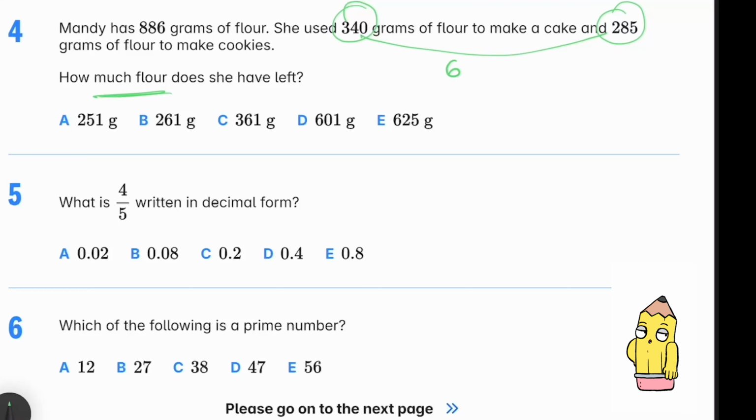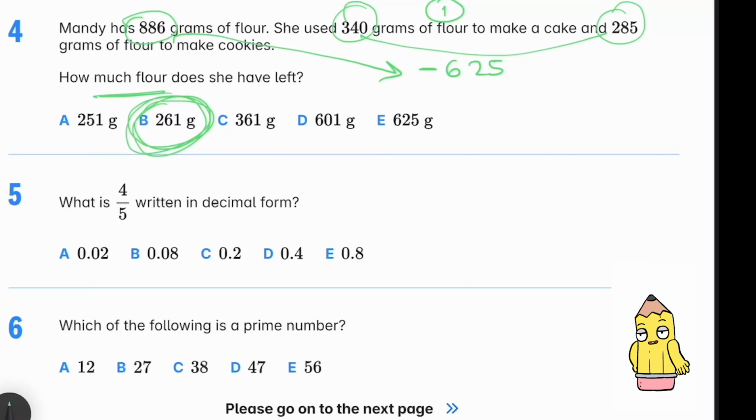So in total, 625 has been used, which we then subtract from 886, which gives us 261, and that is our answer. So it's a two-step method. Step 1, we add what they've used. Step 2, we subtract that from the main source of flour, and we get 261 grams left.